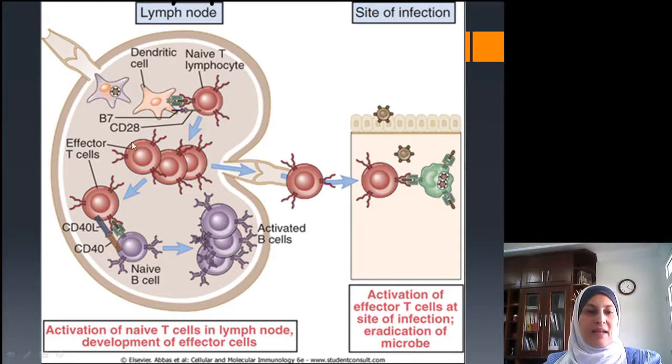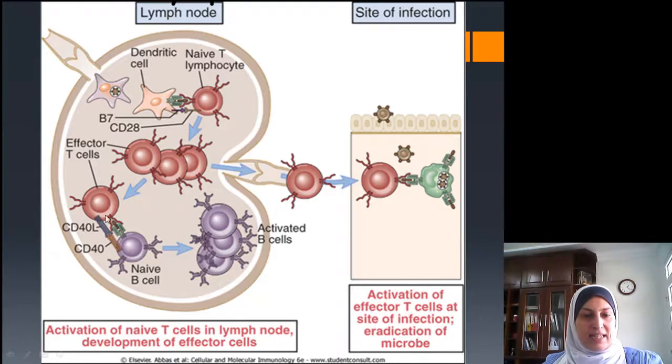Now I have an active effector T cell that would go and interact with a macrophage at the site of infection, or maybe in the lymph node, this active T cell would activate a B cell. Remember that we have the dual relationship between B and T cell in the lymph node. So now I have this effector T cell.